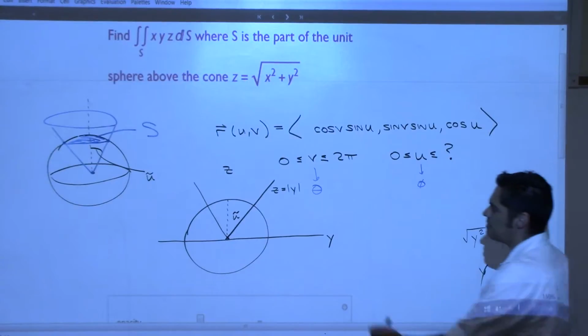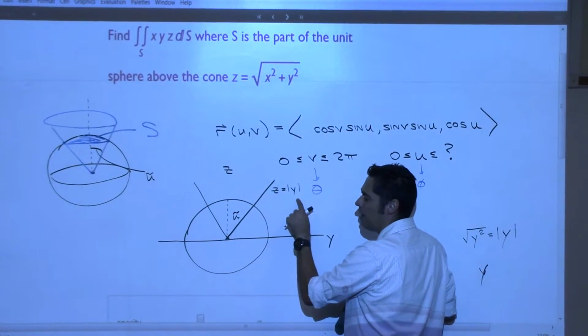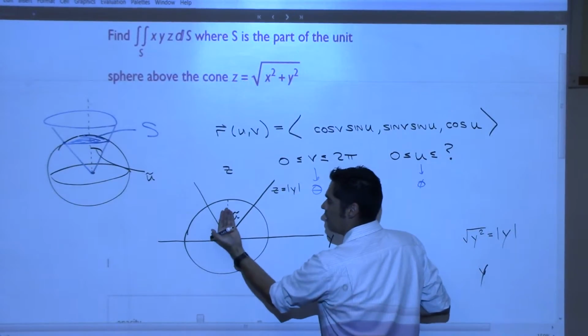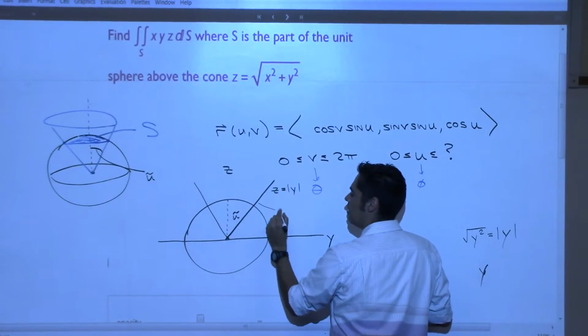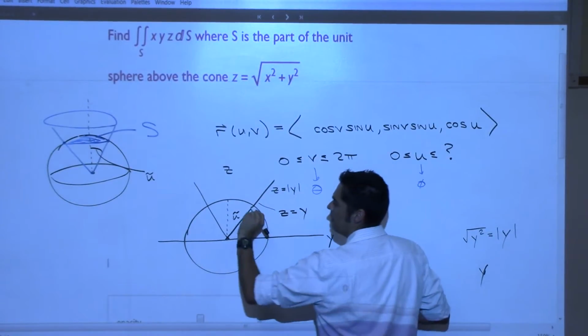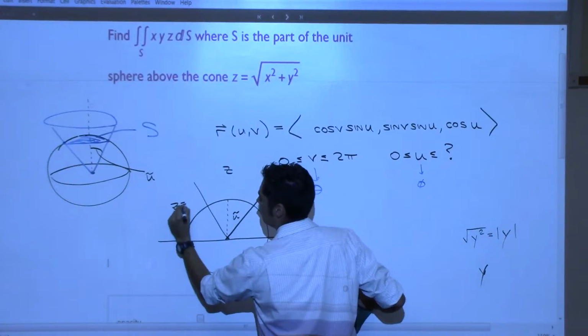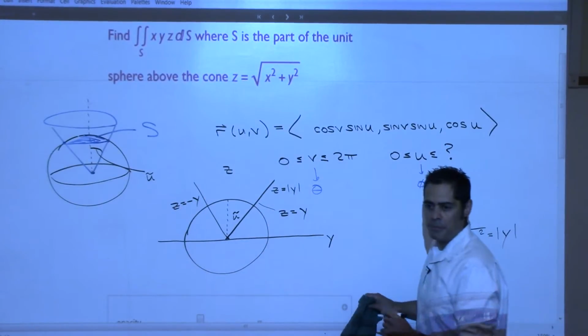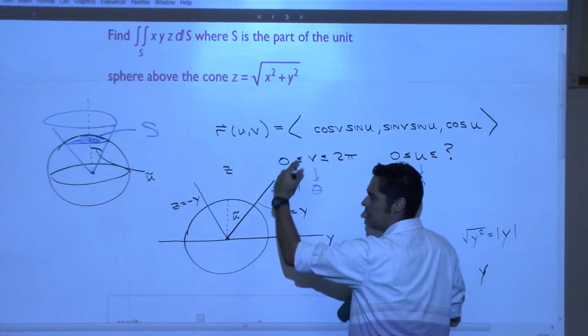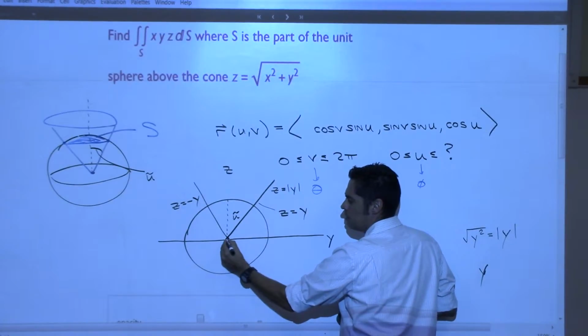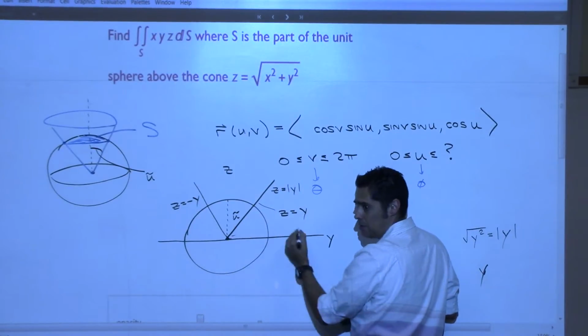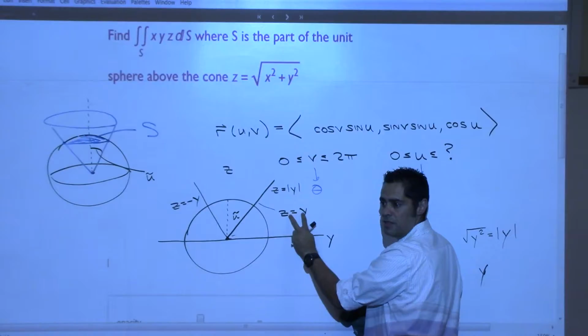If z is the absolute value of y, then this part of the line is actually z equals y, and the other line is z equals negative y, correct? And z equals y means that this line goes out 1, up 1, right? Out 2, up 2, because the z and the y coordinates are the same.